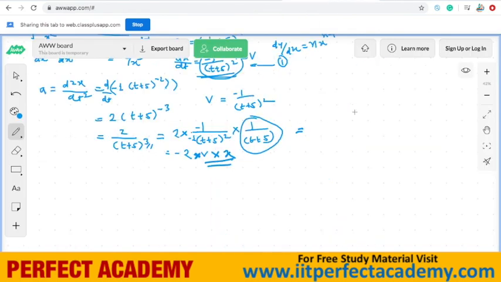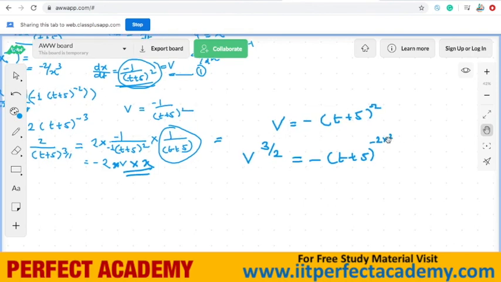If I have the equation of velocity as v is equal to minus t plus 5 to the power -2, and I raise the power on both sides by 3 by 2, what will I get? I'll get v to the power 3 by 2 is equal to minus t plus 5 to the power -2 into 3 by 2.